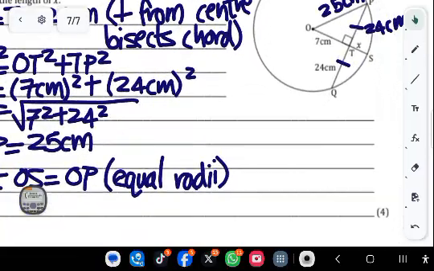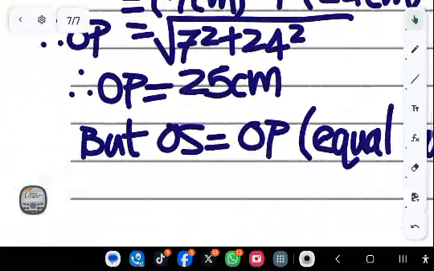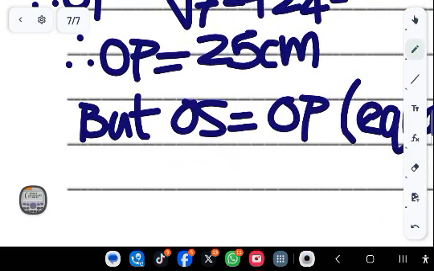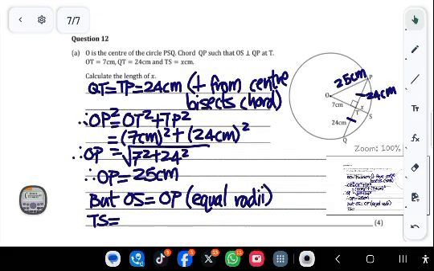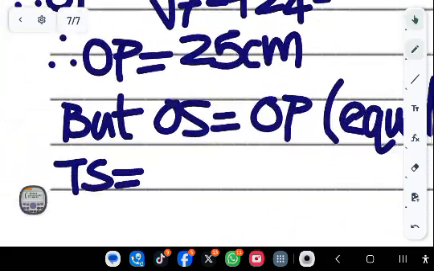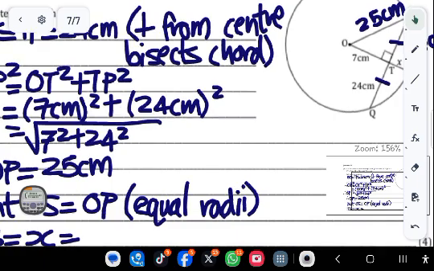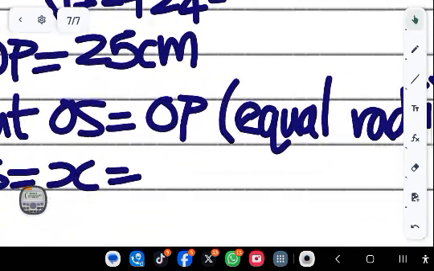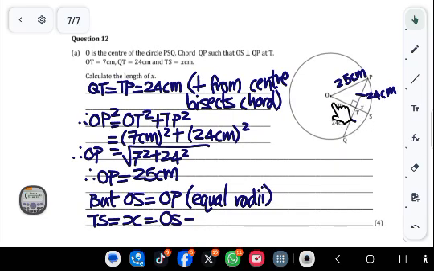OS minus OT equals TS. So TS, x, equals OS minus OT.